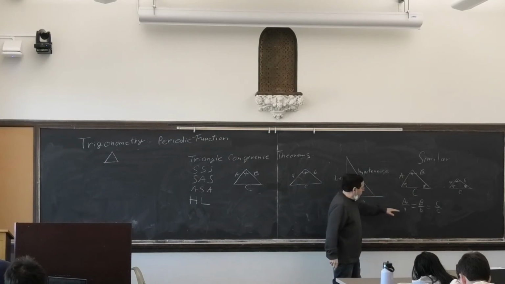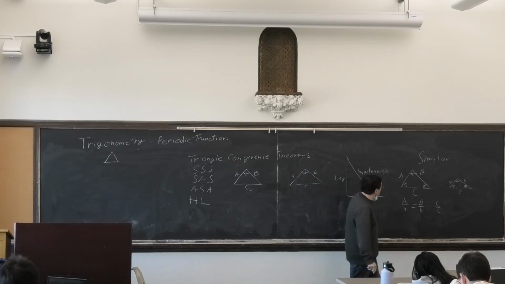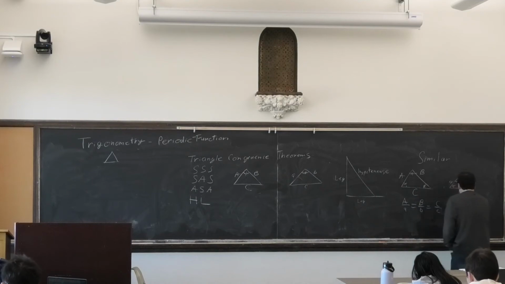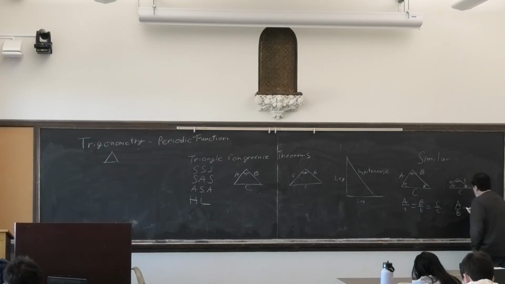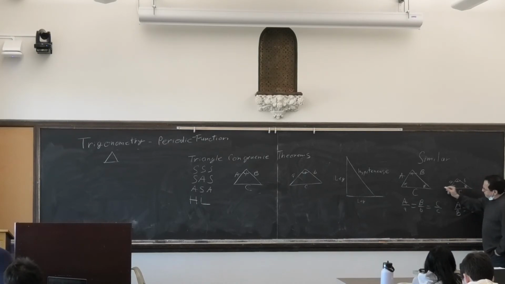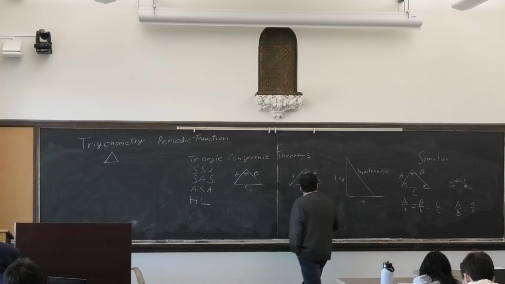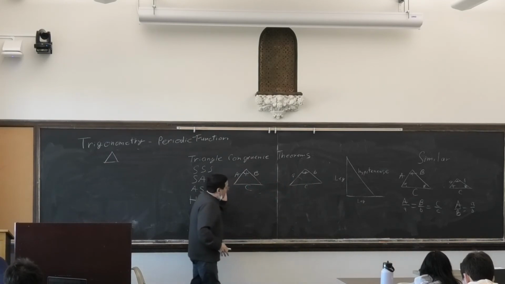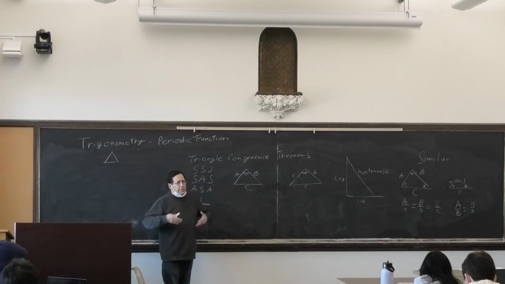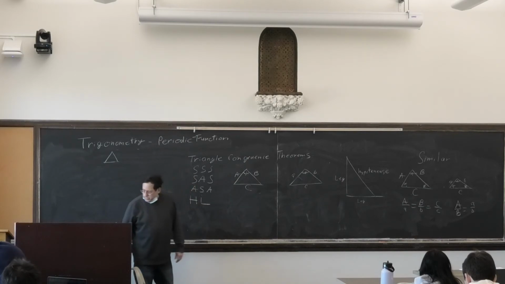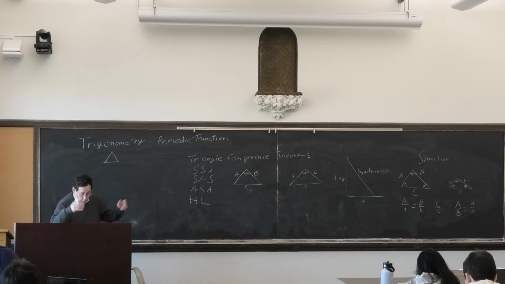There are other ways to write this. You could say big A over big B equals little a over little b. So you have all these relationships. Out of these ideas is where trigonometry kind of explodes.